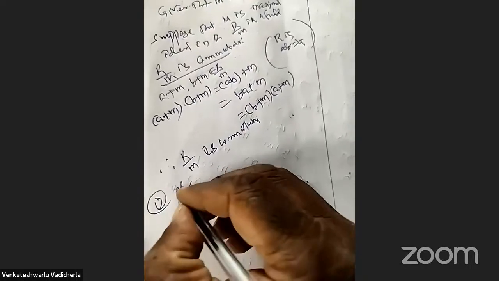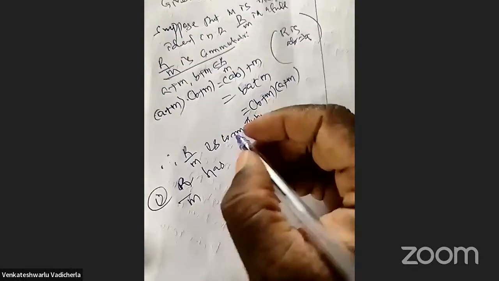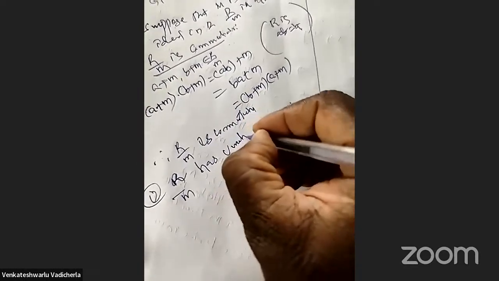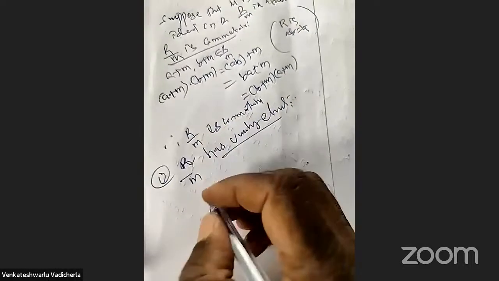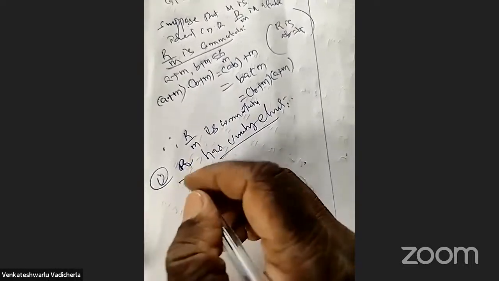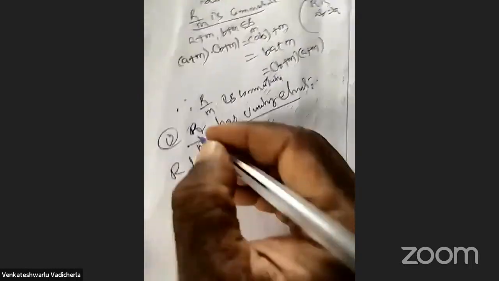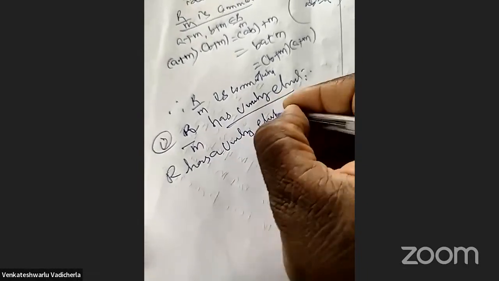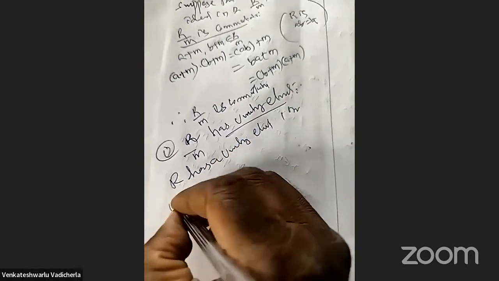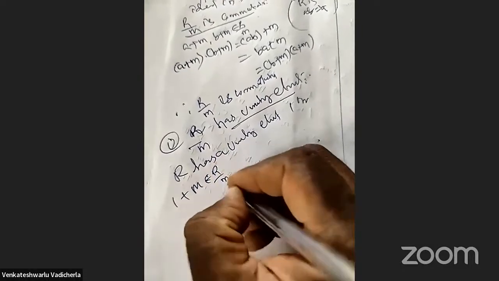Second, R/M has a unity element. R has a unity element 1, so 1 + M belongs to R/M.